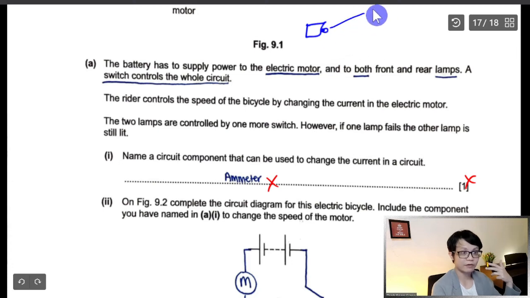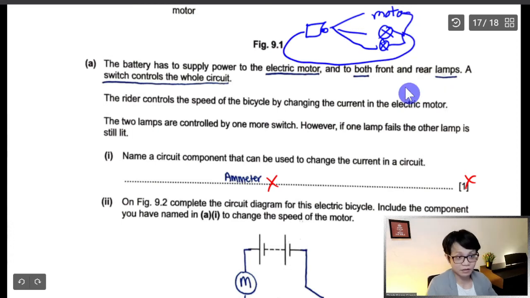The battery will go to the motor, and the battery will go to the lamp, go to another lamp, and then this will combine all together and go back to the battery. This is what I imagine. I haven't put the switch or everything else yet. A switch controls the whole circuit. So probably I want to put a switch here to control the circuit.